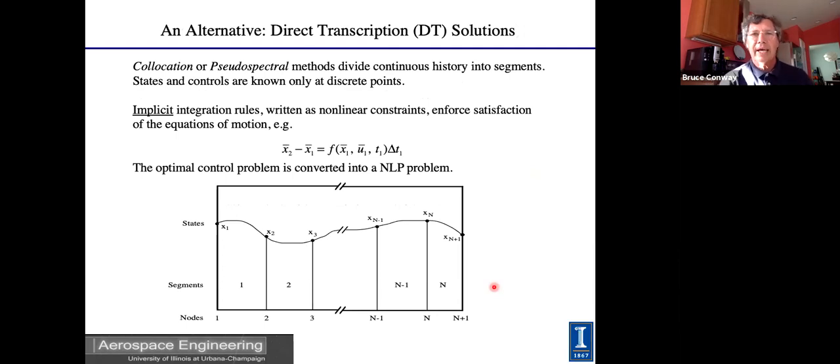Okay, so as an alternative to this problem of solving 2-point boundary value problems, in the early 1980s, a new method was found. It's called direct transcription solution. So the basic idea here is, in this cartoon, suppose this is just one state, could be the R quantity or the theta quantity.